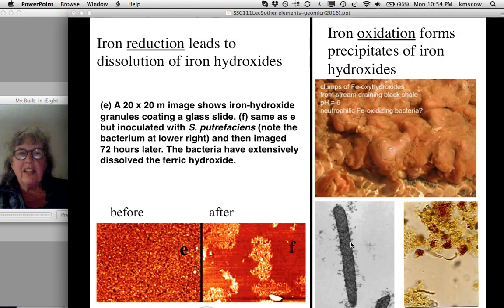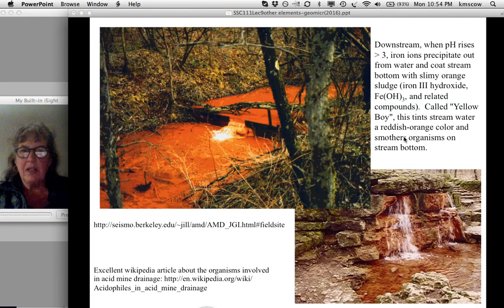They can end up coating themselves and actually committing suicide, entombing themselves in this precipitate of iron. And here's a picture where that iron has precipitated, but also with organic matter, forming these blobs of oxidized iron oxyhydroxides. So these processes can really lead to big changes in the environment.